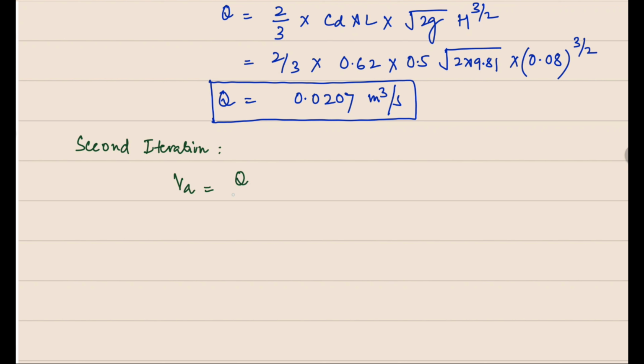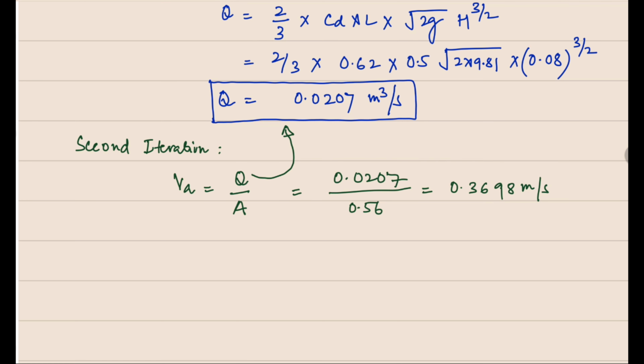VA is your Q divided by A. Now we will put this value, 0.0207 divided by area, which is 0.7 into 0.8, 0.56, and this calculation gives us 0.03696 meter per second. That is our velocity of approach.